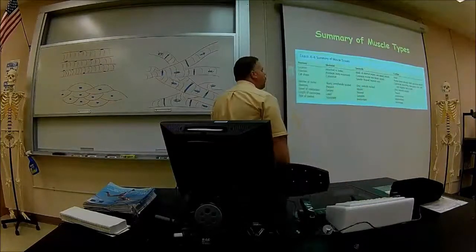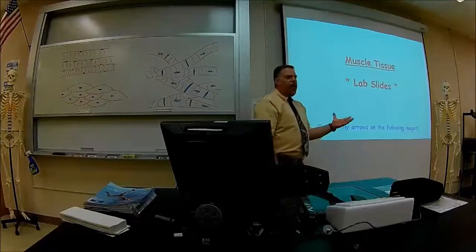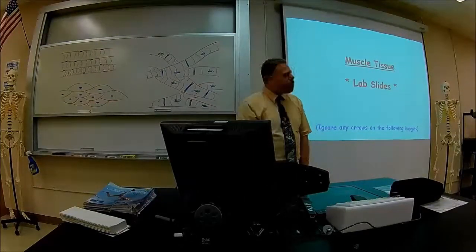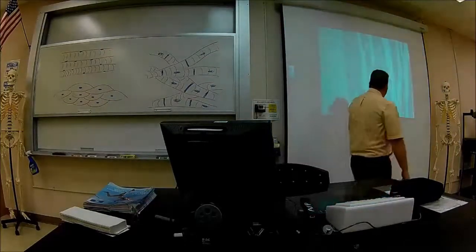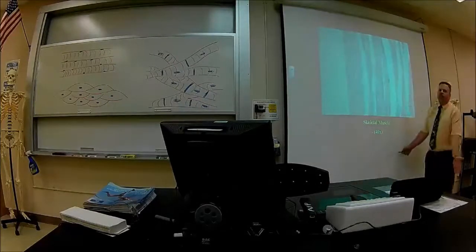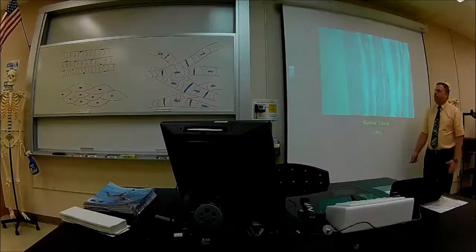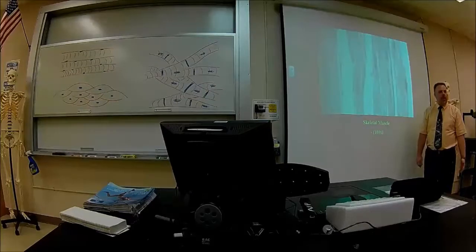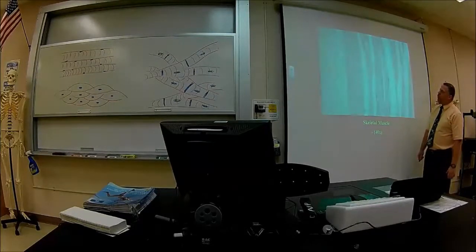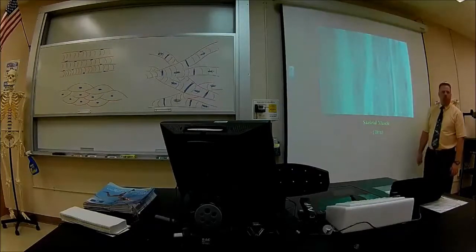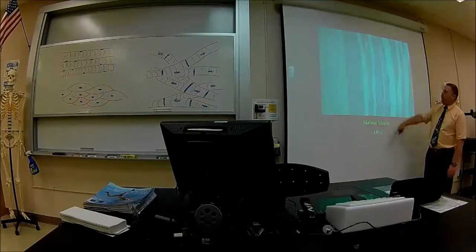So let's look at what they would actually look like on your slides. This is skeletal muscle. You can't tell anything from there, so you've got to get closer. Even that you can't. The only thing you can tell from that view is that it's not branched. They're all going in a straight line.